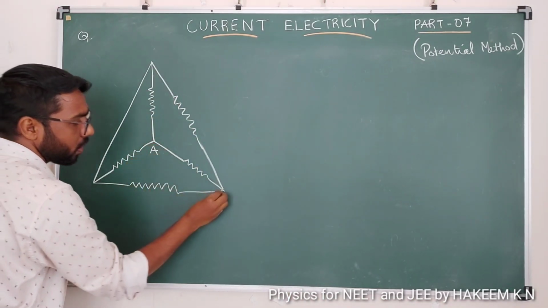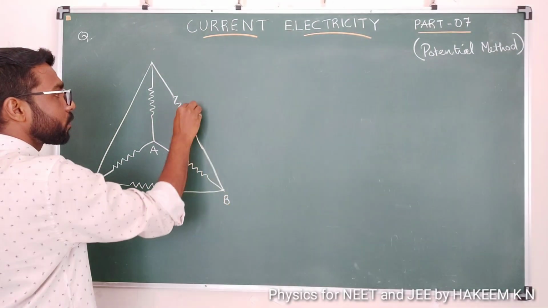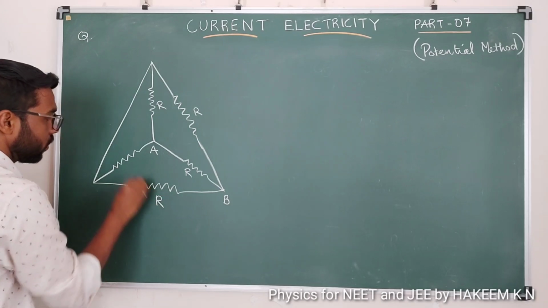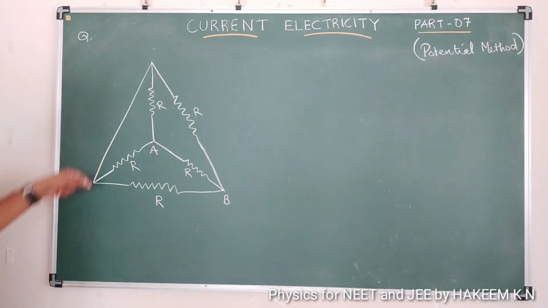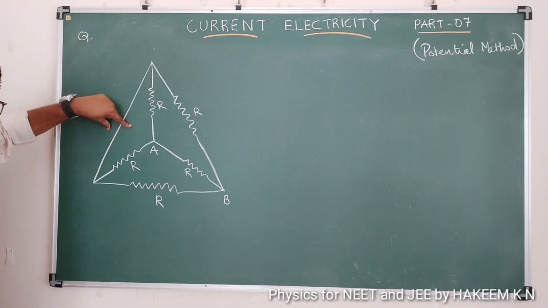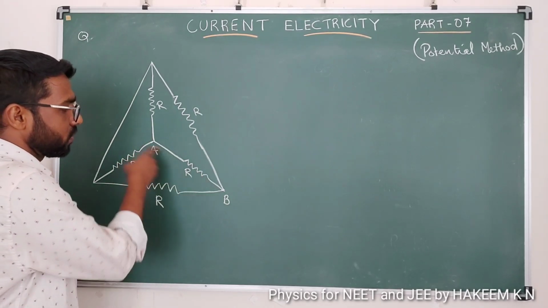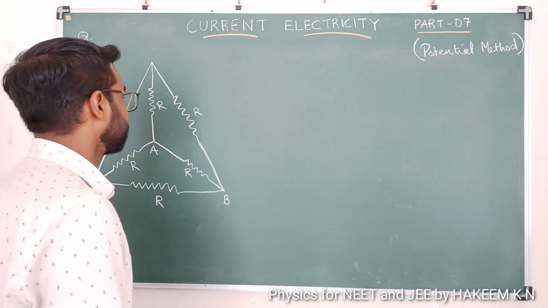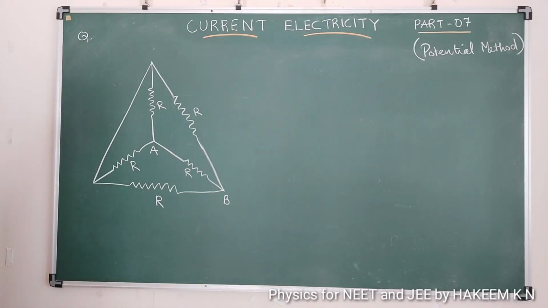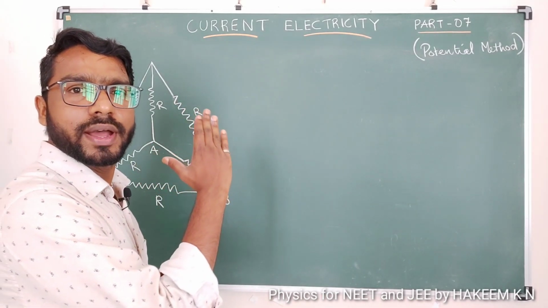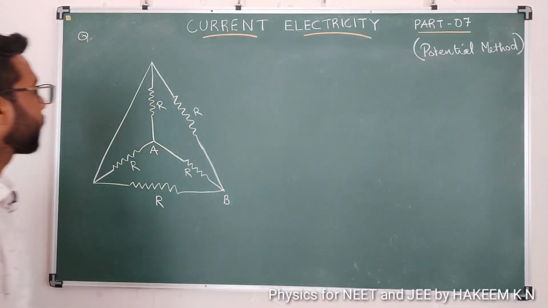A is here and this is B. All resistances are identical, but here you can see an arm without resistance. Find the effective resistance between A and B. Just pause the video and try to solve.